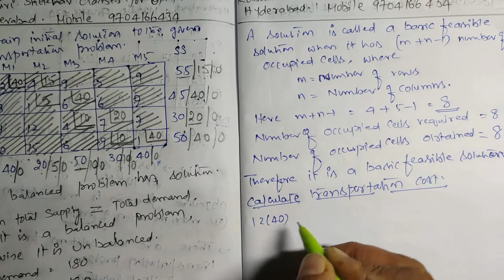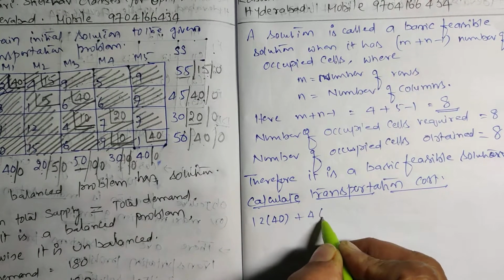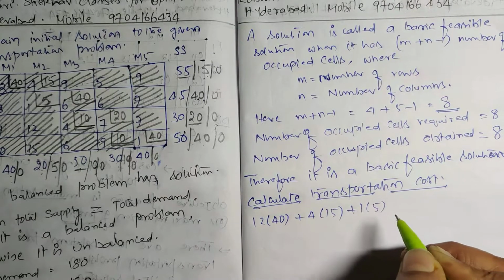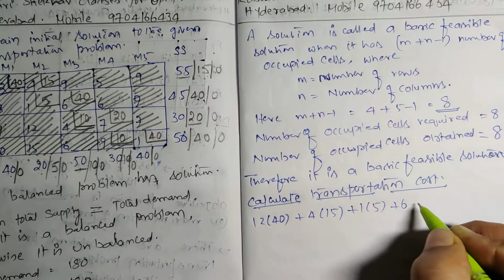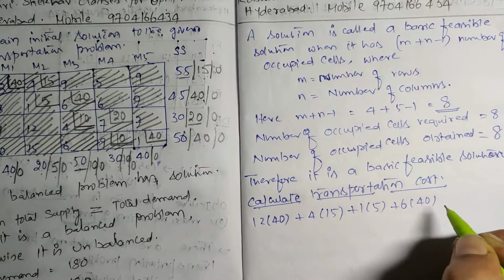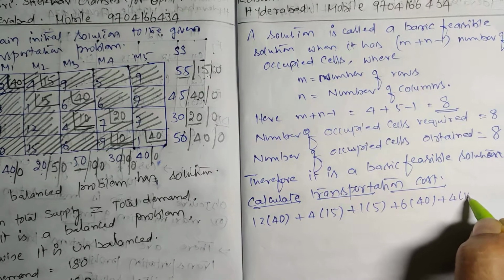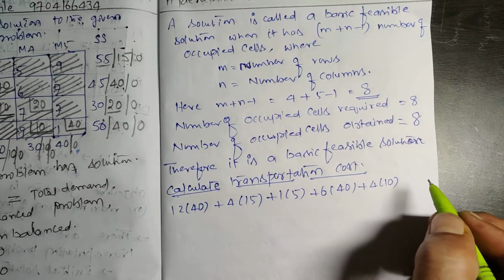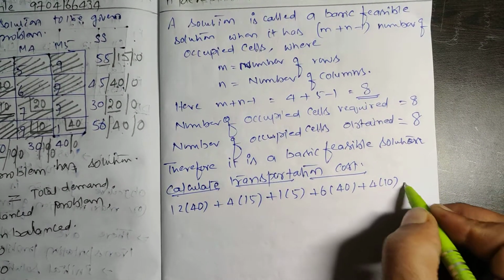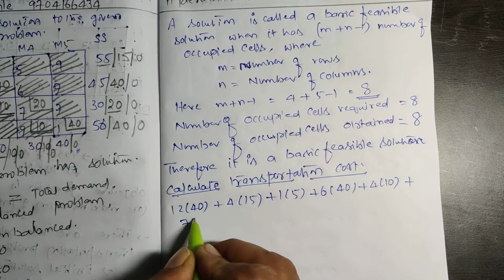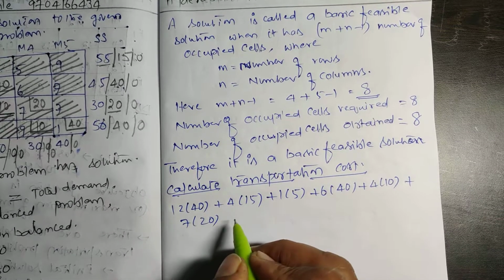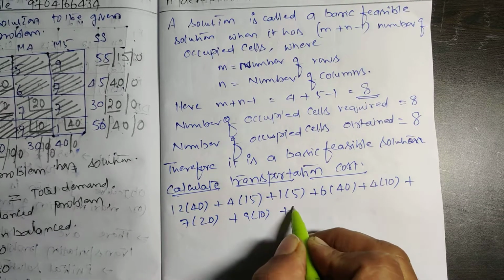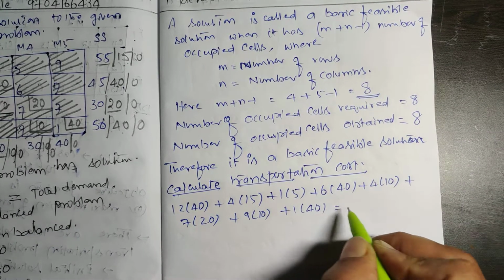12 into 40 plus 4 into 15 plus 1 into 5 plus 6 into 40 plus 4 into 10 plus 7 into 20, 9 into 10, 1 into 40.